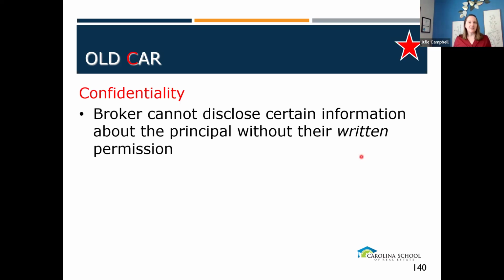Basically, what they're saying is, we would consider an offer less than asking price. We would consider anything, bring it to us. Aren't we putting some of their information out there? Isn't that something that could affect their negotiating power? That's the kind of thing that we need their written permission for. So anything that can affect that decision.